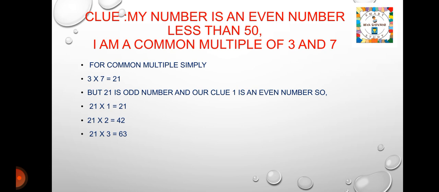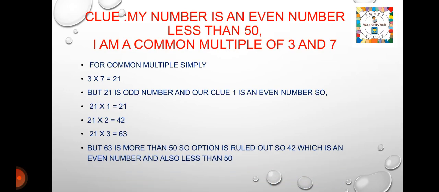So 21 times 2 is 42 and 21 times 3 is 63. Now we will stop because our clue 1 says that the number is less than 50. That means 21 times 3, which is 63, will not come into the picture. So we are only left with the answer 42, and again it is an even number because it is ending with the digit 2. So our answer for this sum is 42.